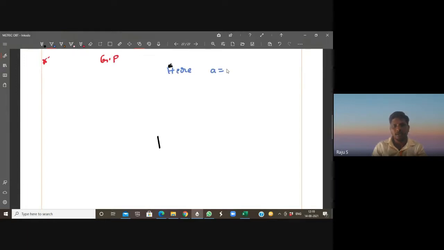A is equal to 30, and the common ratio R is equal to 2. We need to find the end of the second hour, which means it will become the third term. End of the second hour, A3. So A3 is equal to A into R square. Is it clear?